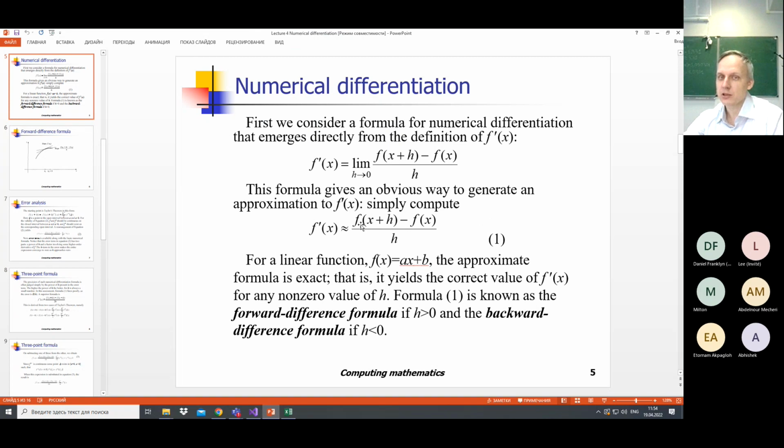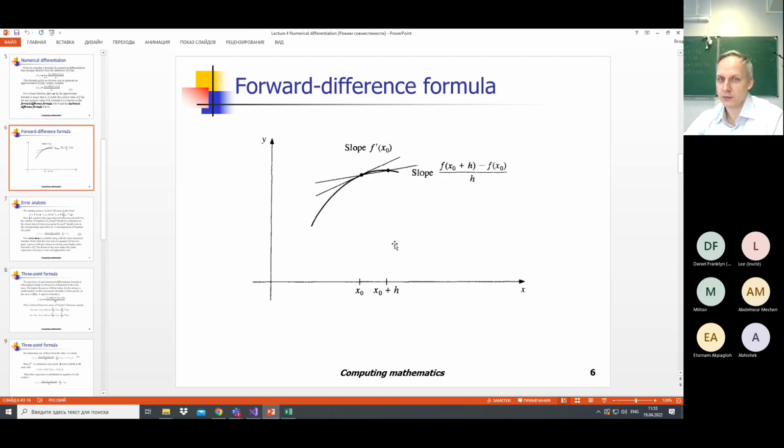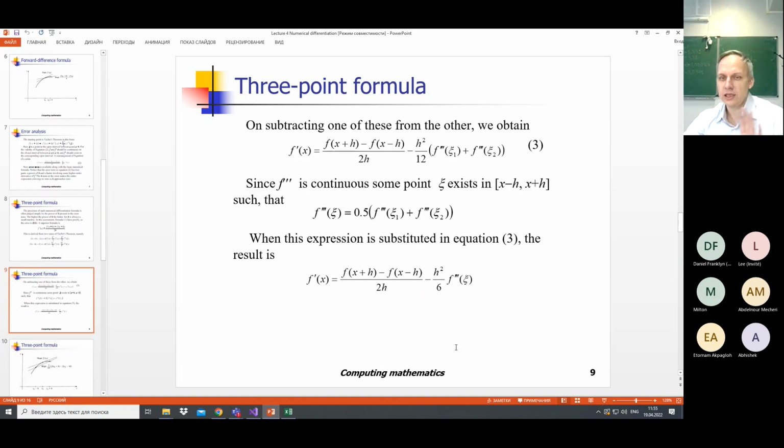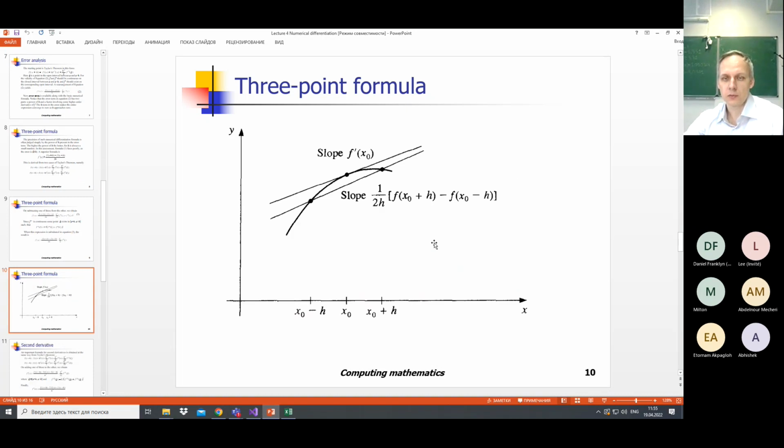Here we take 2 points, f of x plus h minus f of x over h. Here 3 points, x plus h and x minus h, over 2h. I skip these formulas; we will discuss them later. I show you their graphical interpretation.